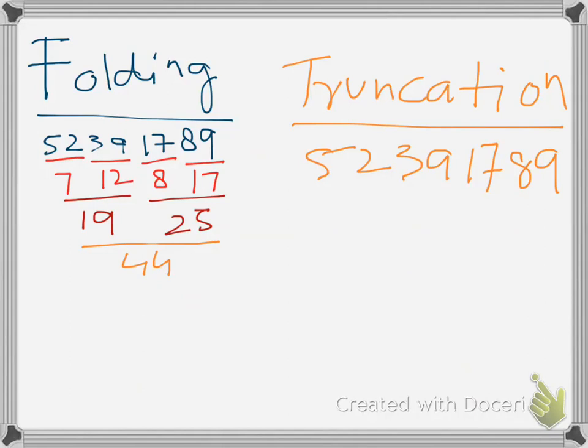So let's take every alternate number and leave every alternate number. Let's take 5, 3, 1, and 8. So in the first step, you have 5, 3, 1, and 8. In the next step, let's take 5 and 1. So this is how truncation is done.